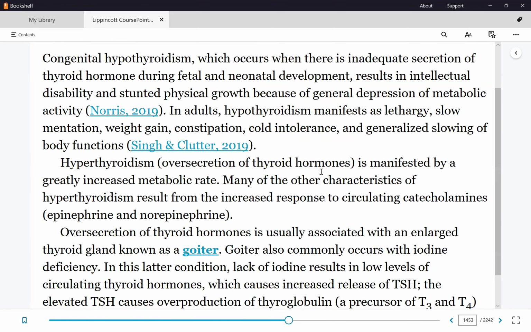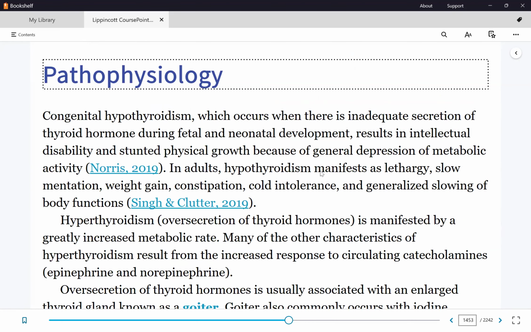All right, so we're going to talk about two problems here. There are only two problems with the thyroid gland. It's either hypersecretion, although there are different types of hypersecretion, meaning hyperthyroidism, which can be autoimmune or secondary, or what we also call iatrogenic hyperthyroidism, or we don't have enough, which is hypothyroidism.